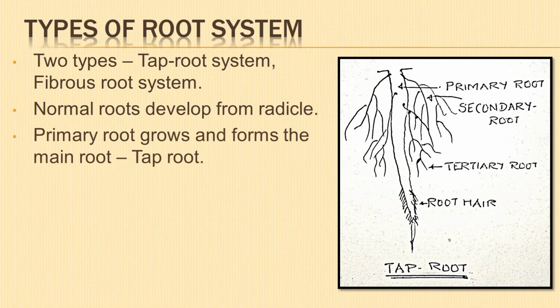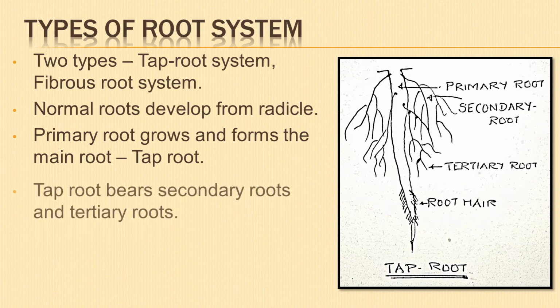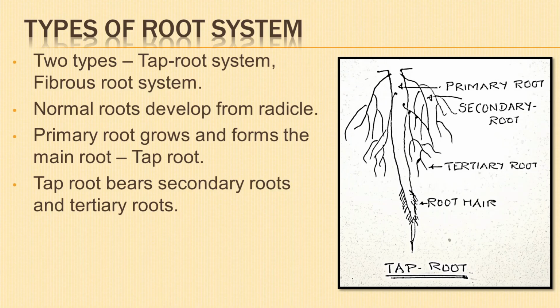The direct elongation of the radicle leads to the formation of primary root. It grows inside the soil and gives rise to the main root of the plant called the taproot. It bears lateral roots known as secondary roots, and these in turn produce the tertiary roots.